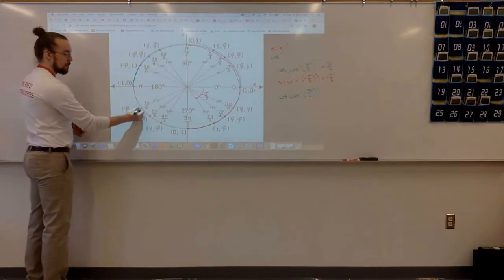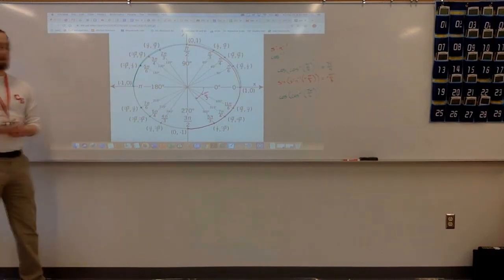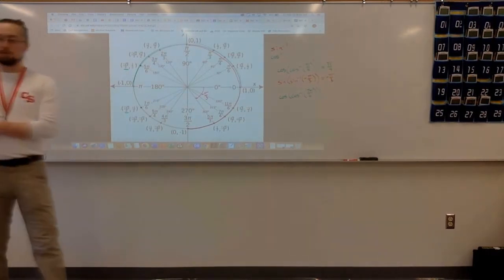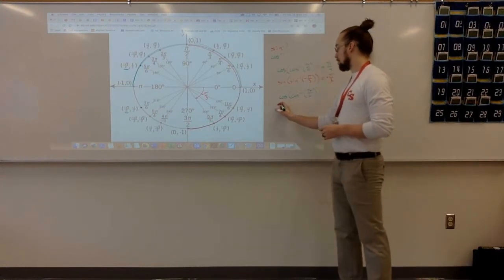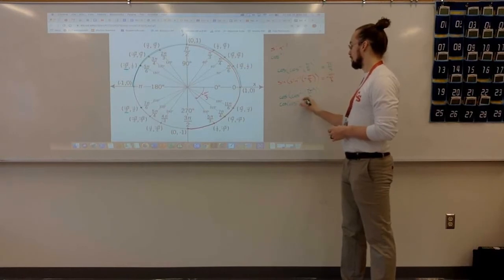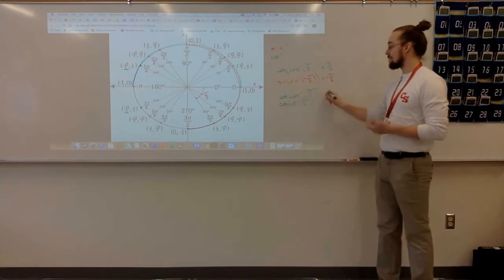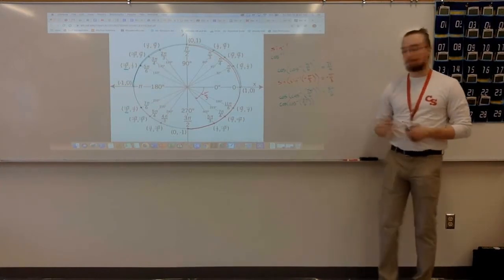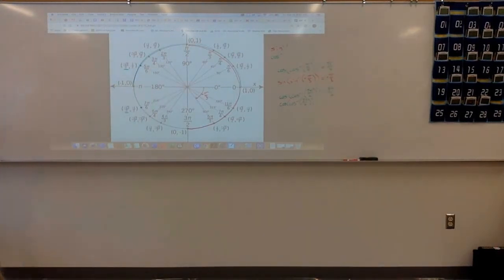So at 7 pi over 6, 5 pi over 6 will have the same x value. So I can say that this is actually the same thing as cosine of the inverse cosine of 5 pi over 6. And so we can say that this is equal to 5 pi over 6. Okay, since the cosine values are the same at these points.